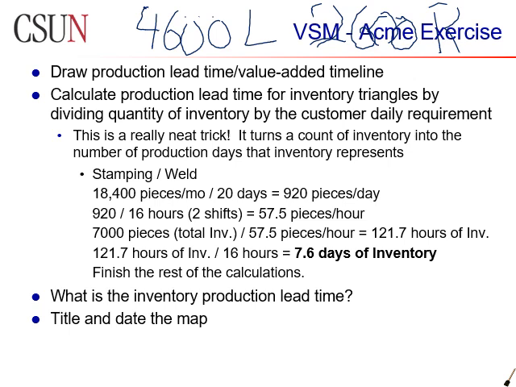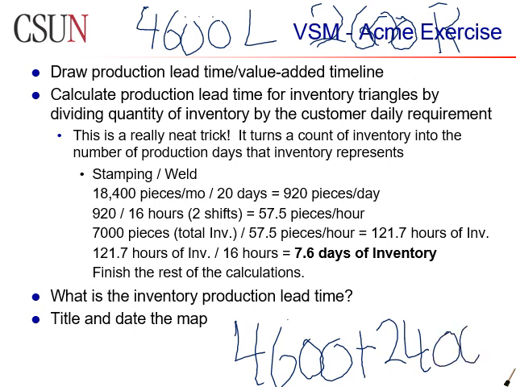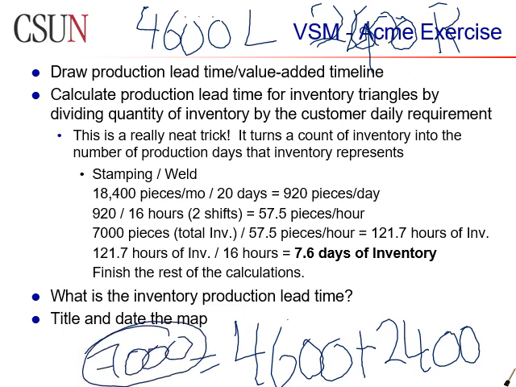And because we're dealing with time, we want to transfer this 7,000. 7,000 comes from 4,600 plus 2,400. This is 400, not 600. This is the total of 7,000. So we have 7,000 pieces stored.